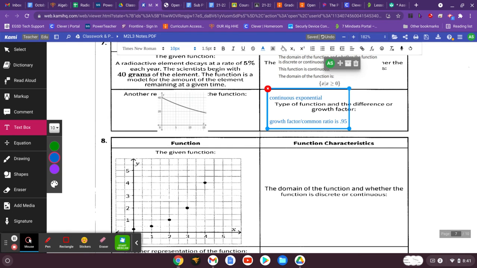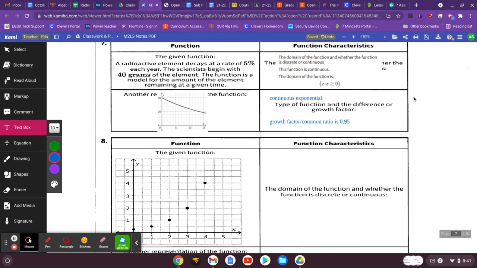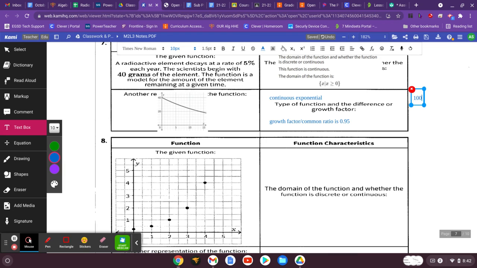I'm going to put a 0 in front so there's no confusion. And just for purposes of why this works, you always start with 100%. And if you subtract 5, then your answer is going to be 95%.